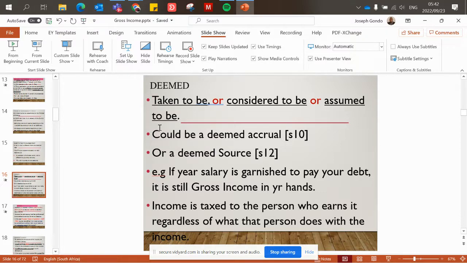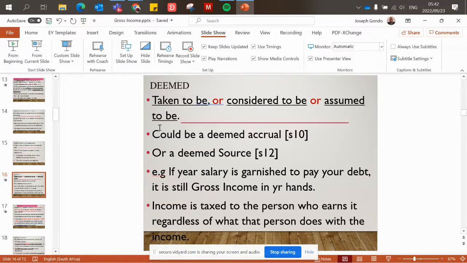Section 10 talks about deemed accruals. Then also Section 12 talks about deemed source, because we say income is taxed if it is from a source within Zimbabwe. So sometimes you might see that this particular income, like foreign dividends, is not really from a source within Zimbabwe, but then Zimbabwe actually deems that income to be from a source within Zimbabwe.